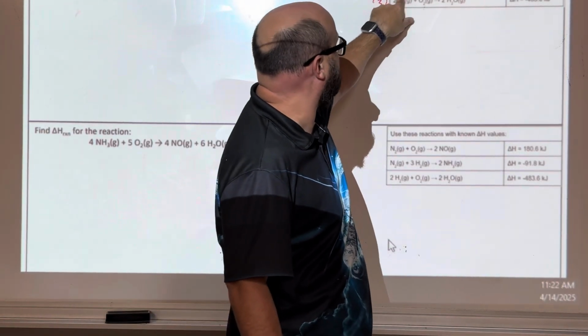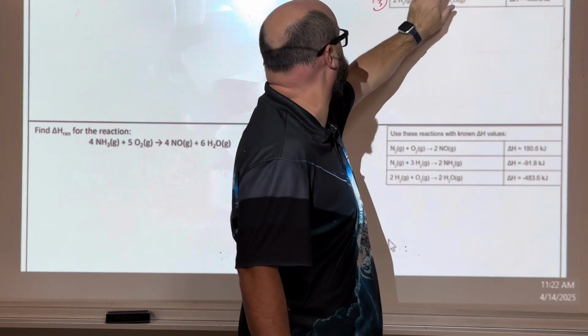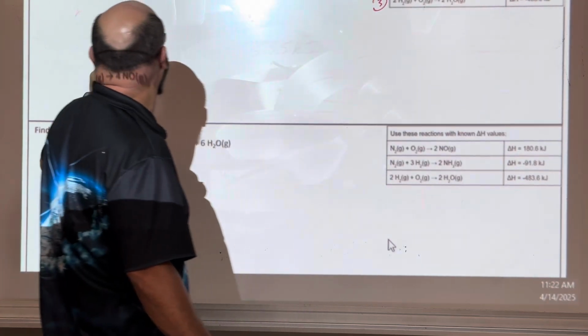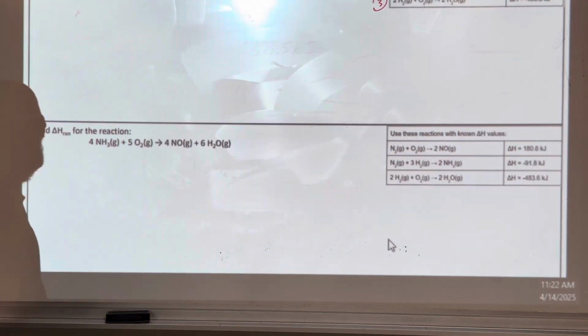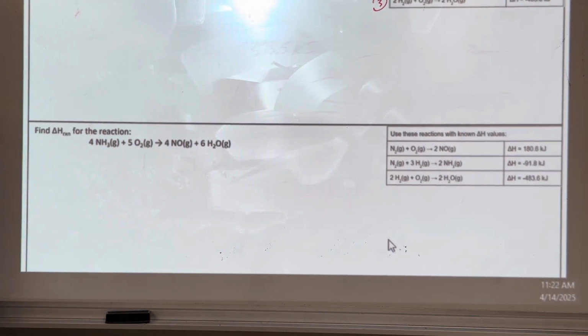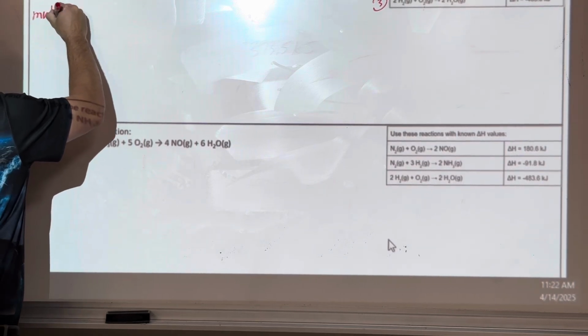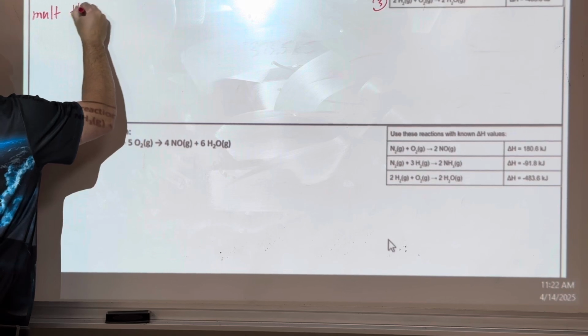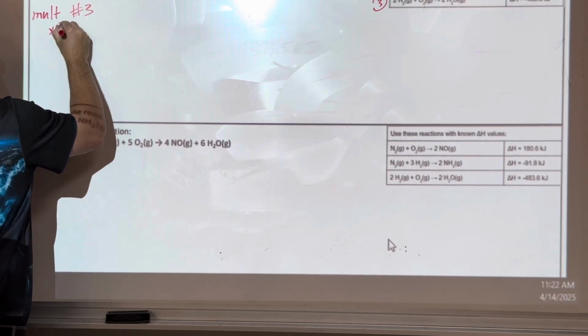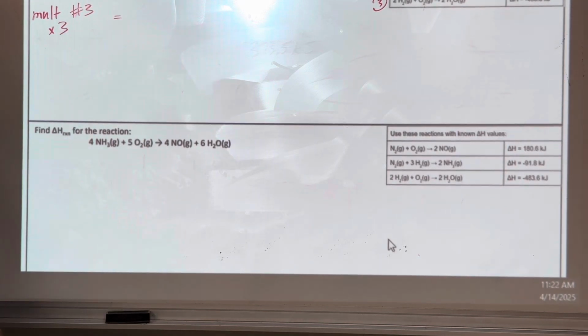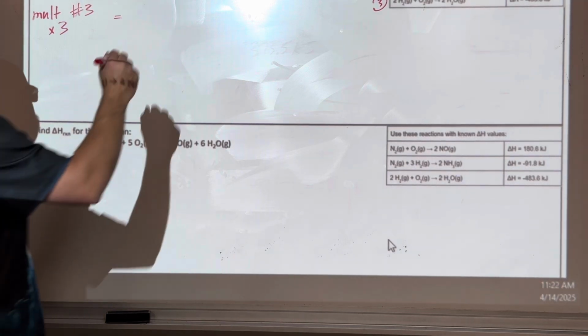Over here we got a carbon, no H2s, no C3H8s. It's on the reactant side, but it's triple the value up here. So we're going to multiply this by 3. So multiply number 3 by 3. Its original value was negative 393, which gives us negative 1180.5.